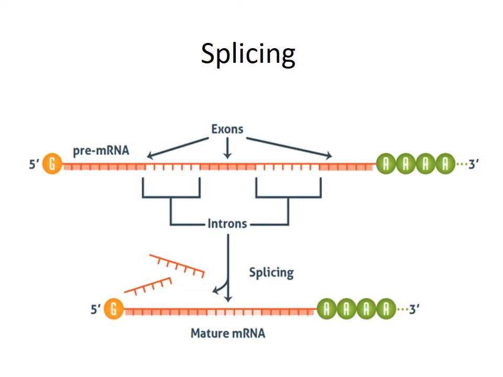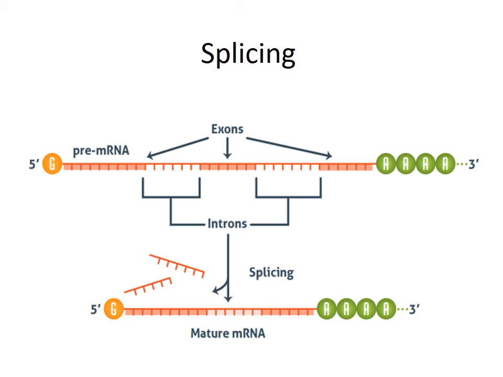Ultimately, we can see that the mature RNA differs from the primary transcript of the mRNA in three ways. First, the mature RNA has 5' capping, that is 7-methylguanosine at its 5' end, and it has a poly A tail at its 3' end.